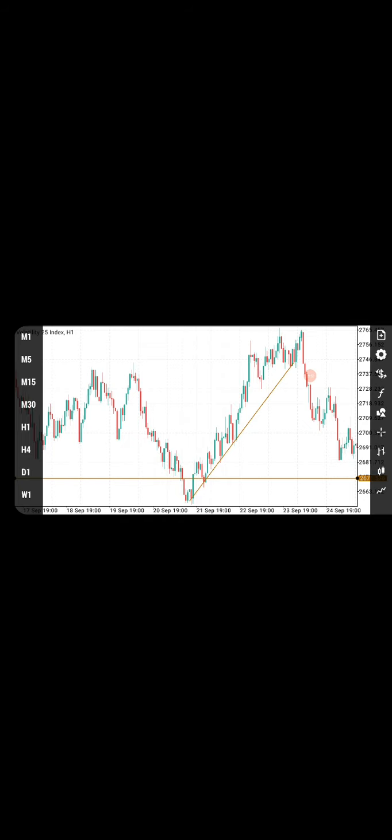A trend line is simply a line, right? When you look at the trend of the market, you can see the market is moving, but from a general perspective, the market is going either up or down. You can see here the market is moving, but from a general perspective the market is going up.